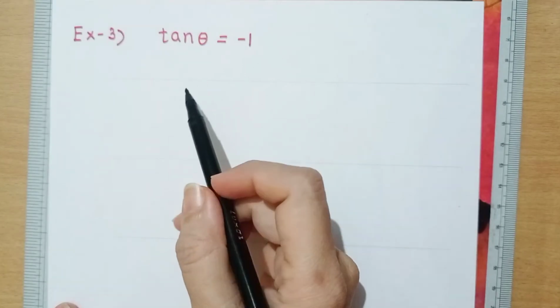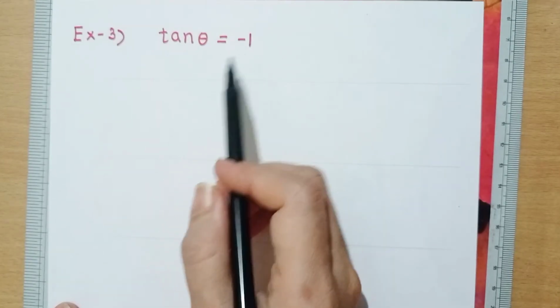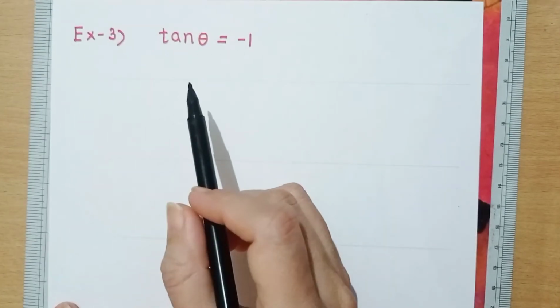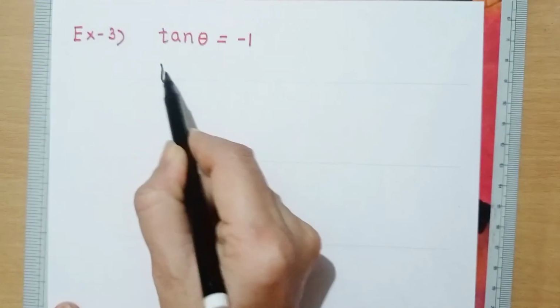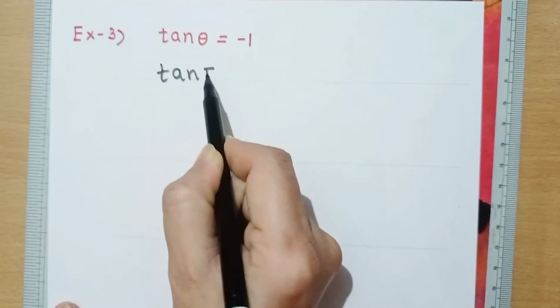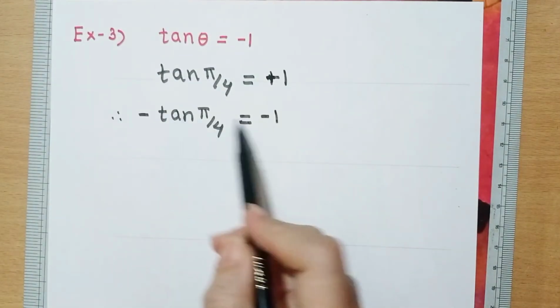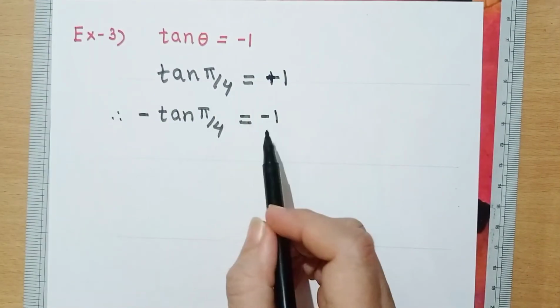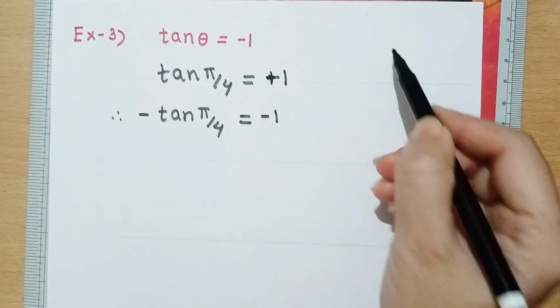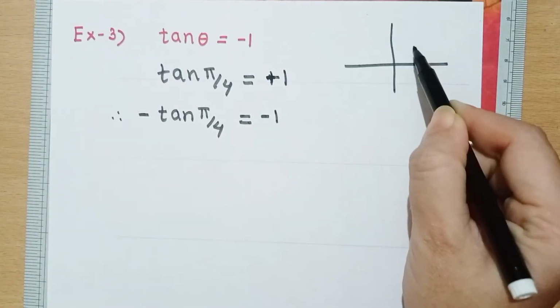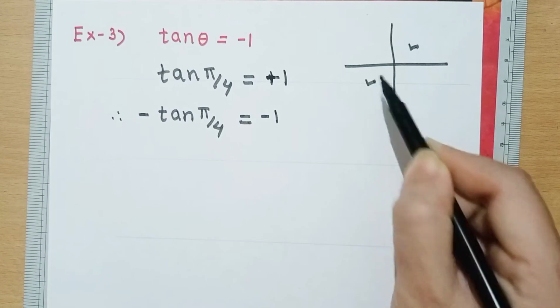Let's solve the third example. Tan theta equal to minus 1. Now we know that tan of pi by 4 equal to 1. Applying minus sign on both sides, now this is minus tan pi by 4, and we know that tan is positive in the first and third quadrant.